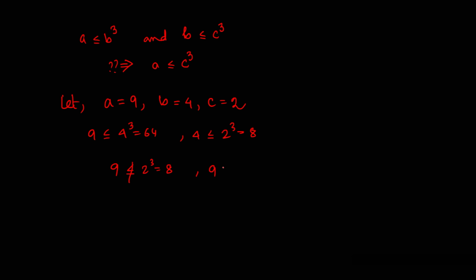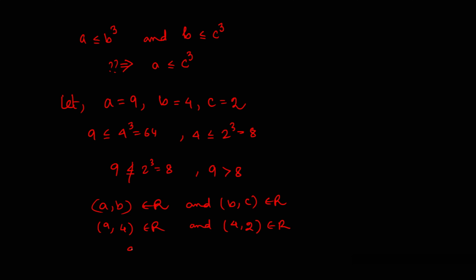In fact, it is greater than 8. So (9, 4) is in R and (4, 2) is in R, but (9, 2) does not belong to R, and for this reason R is not a transitive relation.